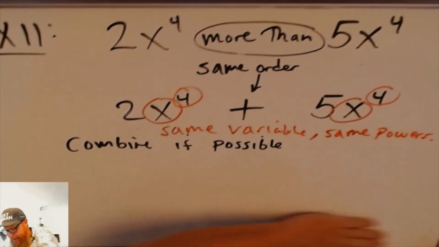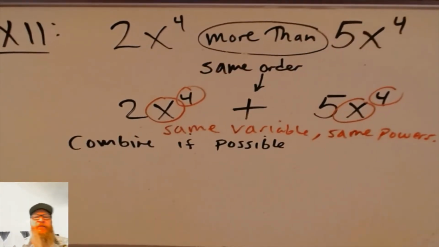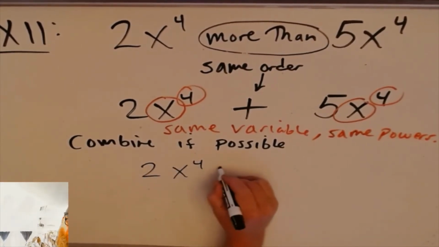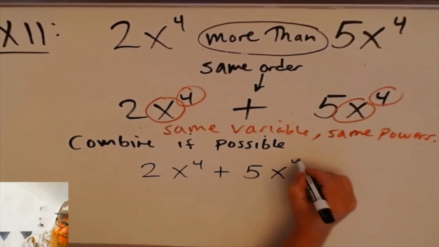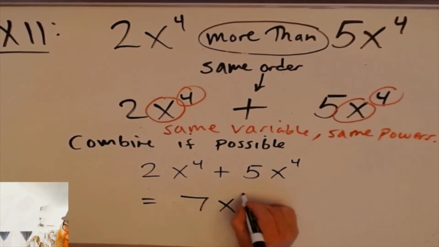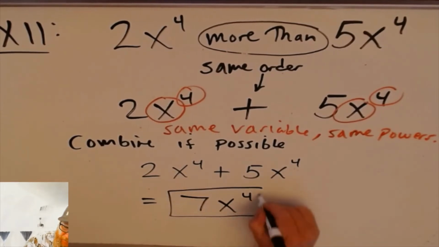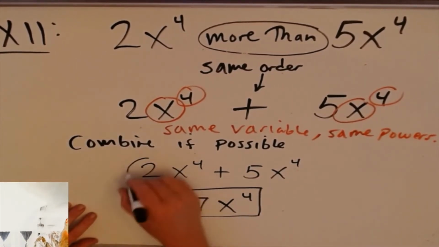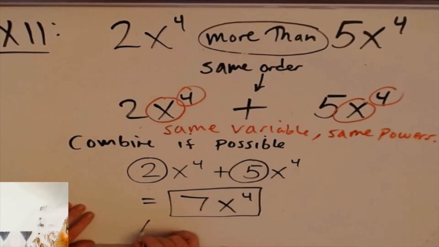Now here's the thing, if you haven't had algebra before, or if it's been a long time since you had it, 2x to the fourth plus 5x to the fourth is 7x to the fourth. You're going to add the coefficients, not the powers.